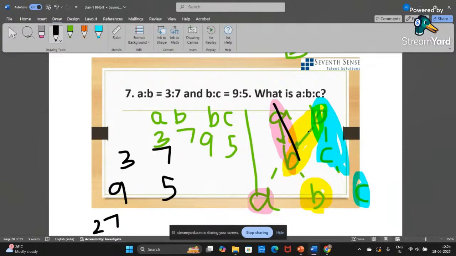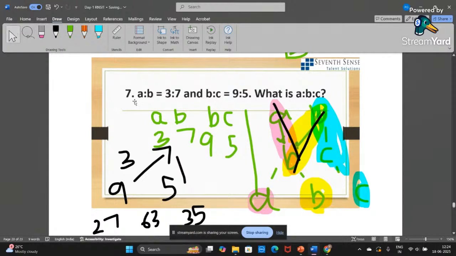Then to find B value, we have to multiply like this. 7 nines are 63. Now we got A value is 27, B value is 63, and for C value, you have to multiply downwards. 7 5s are 35.